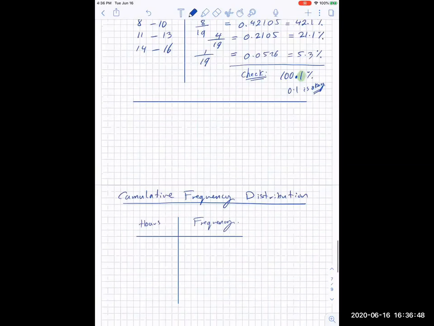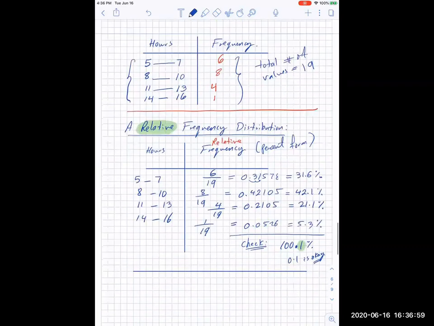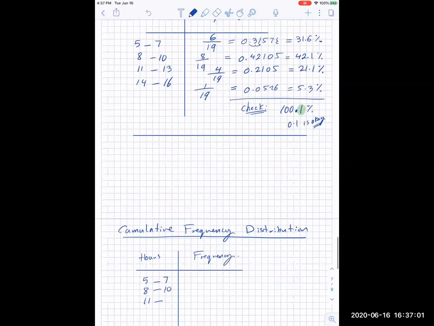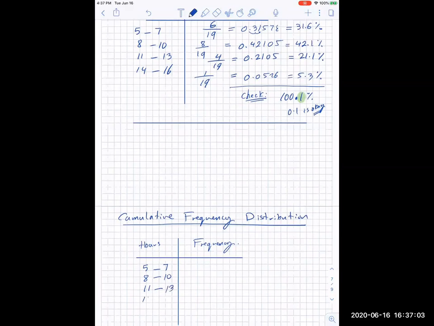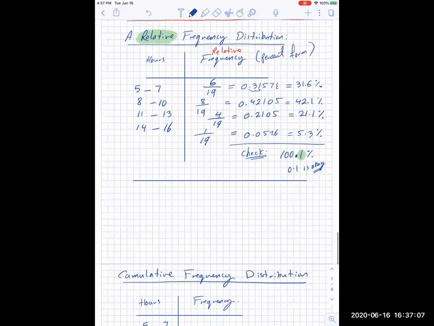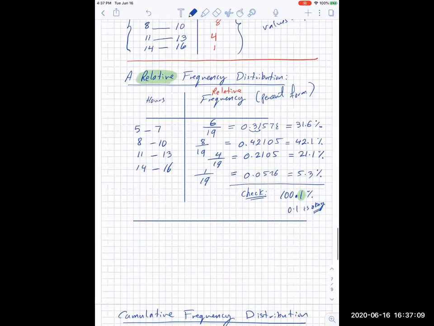Five to 7, 8 to 10, 11 to 13, and 14 to 16. And the frequencies are 6, 8, 4, and 1.